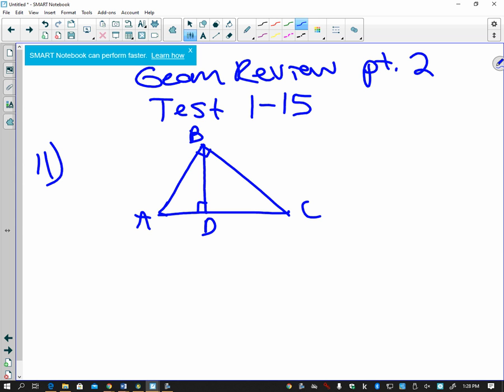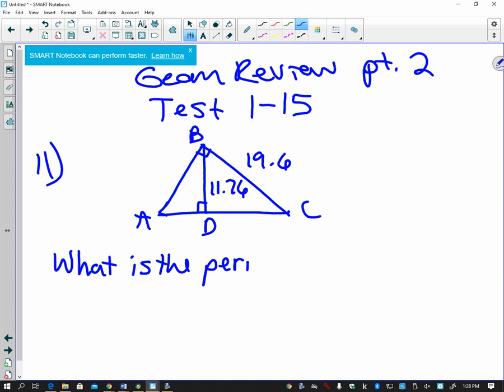They give you some complicated numbers here, like 19.6 and 11.76. And what they want to know is, what is the perimeter of the larger triangle?